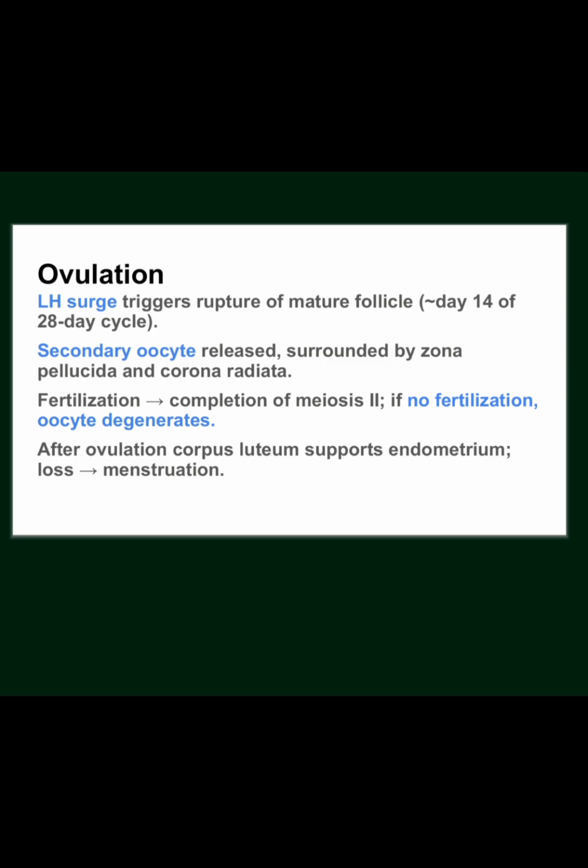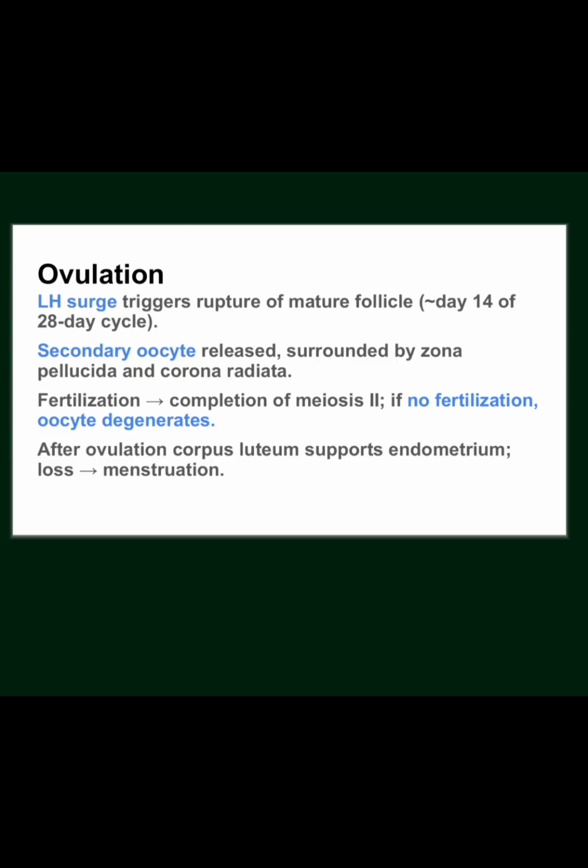Okay, so the secondary oocyte is released and is surrounded by a zona pellucida and corona radiata. This is just the normal physiology. When fertilization takes place, there's completion of meiosis 2, and if there's no fertilization, the oocyte degenerates.